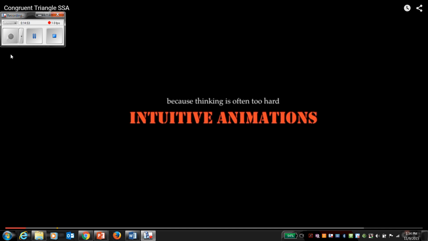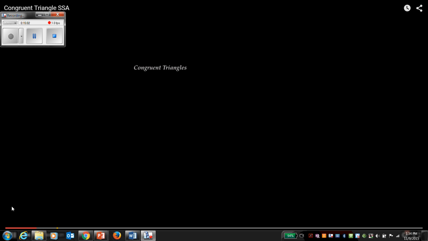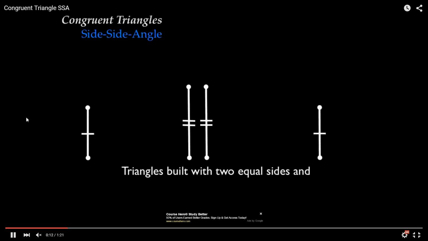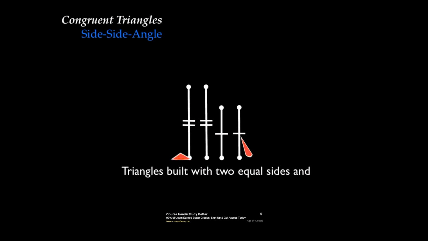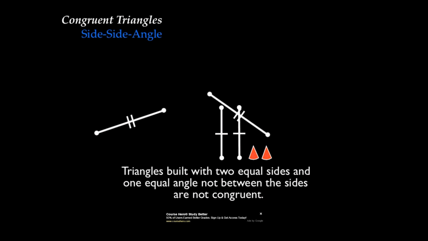So students, here's an example of why side, side, angle doesn't work. Triangles are built with 2 equal sides and 1 equal angle, but the angle is not between the sides. Watch carefully why this doesn't work.